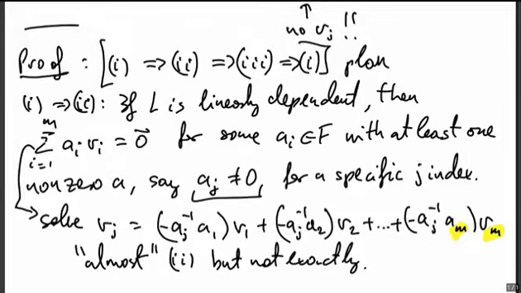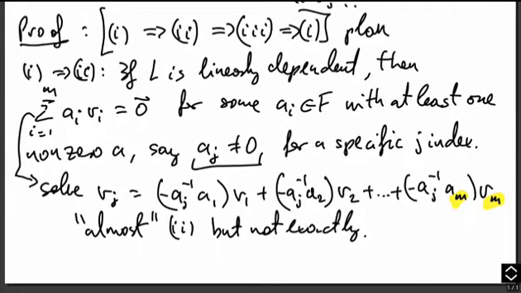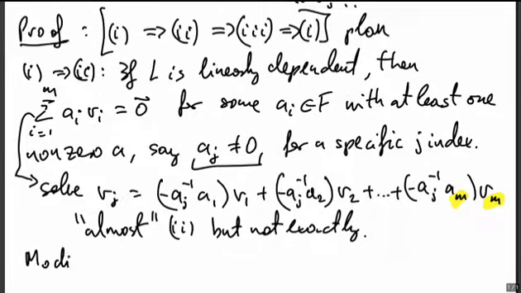But at least that would be the idea, that if aj is not 0, then you should be able to solve for vj, because you can divide through with aj. So we need to modify this part a little bit. The only reason why I wrote it down is because I think it's easier to understand how you would solve.